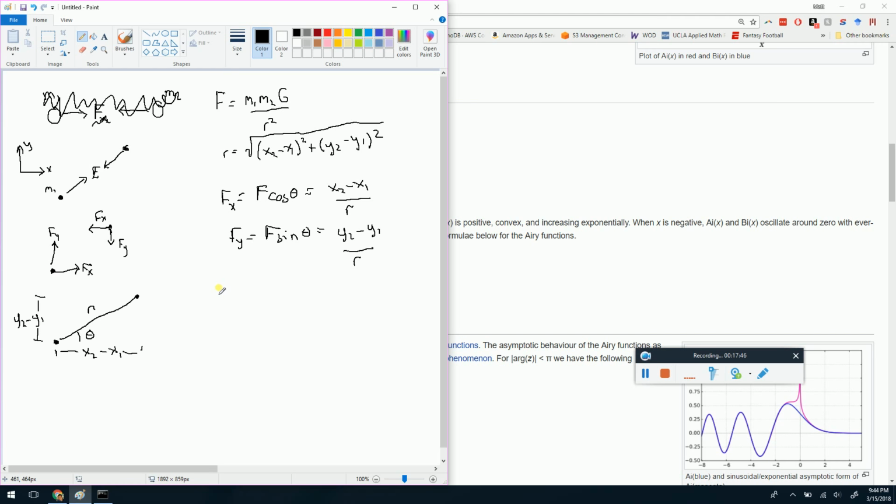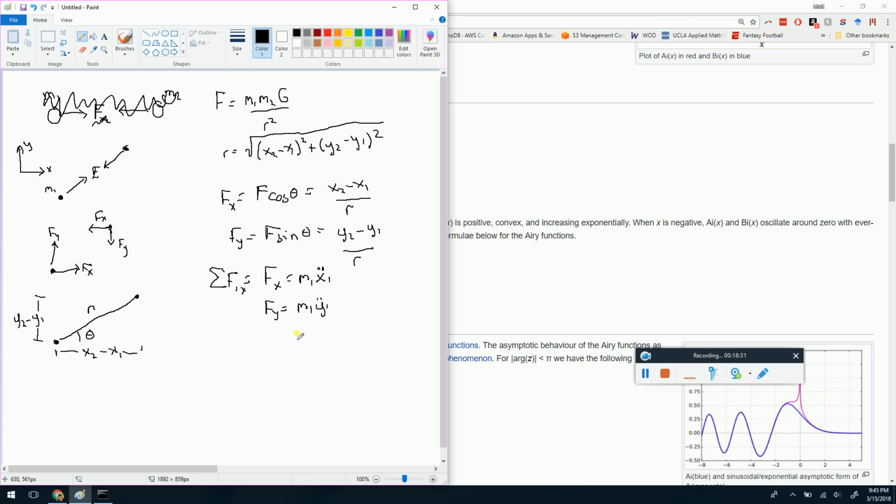Each mass has only one force acting on it, so the sum of the forces on body 1 in the x direction is just Fx, that's just m1 times x double dot, the acceleration in the x direction. Likewise, Fy is just m1 y1 double dot.